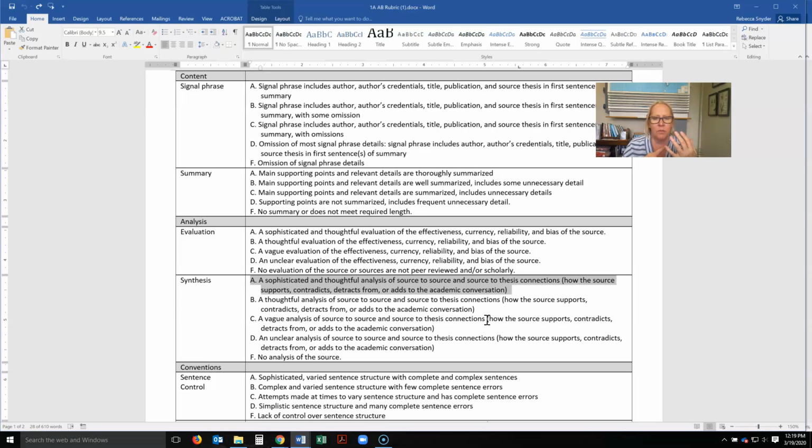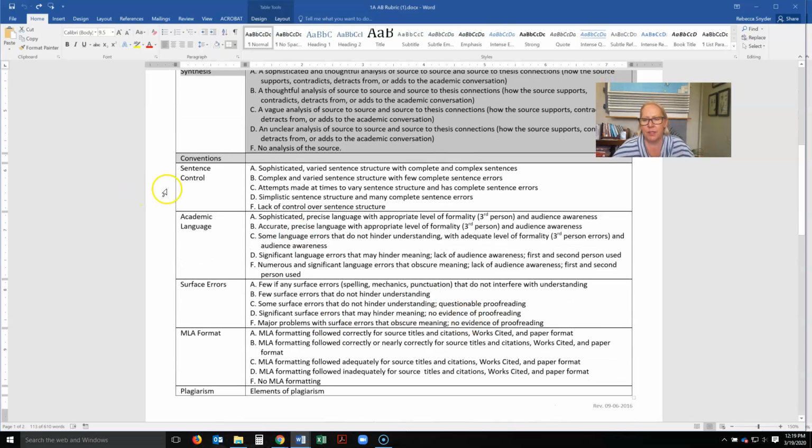Does it support the same ideas as the others, or does it contradict them? Think about how similar or different yours is, not just in the main point, but in the supporting ideas and the evidence. How is it similar? How is it different from your other sources? Make sure you do that. That's how you get to that synthesis level, and that's the highest level of thinking that we want you to be at for research work.